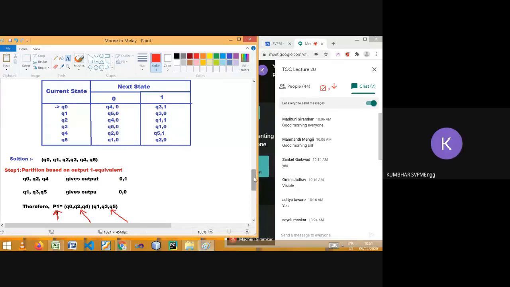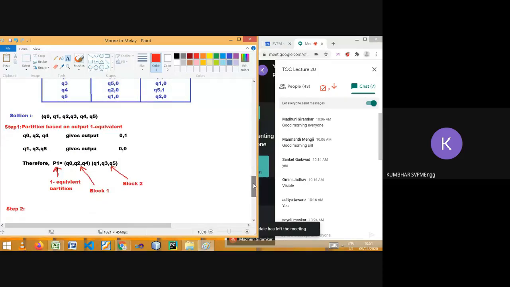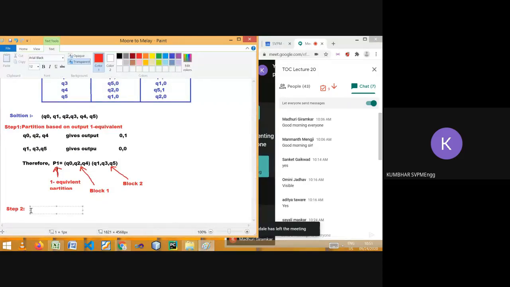Let me write, then there will be no confusion. If I consider block 2, which are the elements in block 2? Q1, Q3, Q5. 3 elements are there.